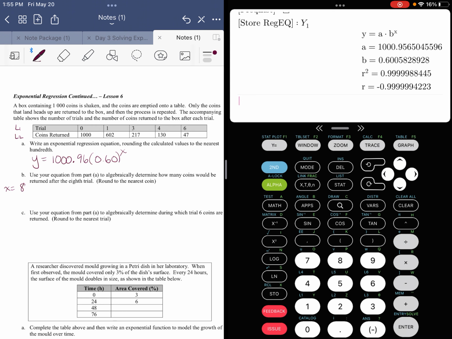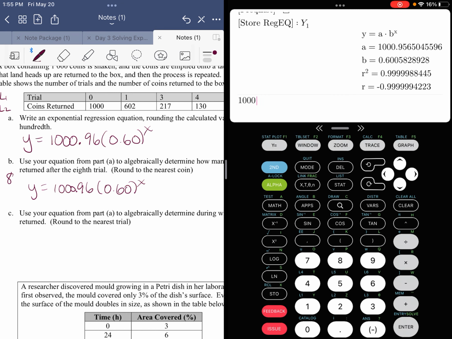So we're going to go y is equal to 1,000.96 multiplied by 0.60 to the x. And oh, I missed a 0 there. It should be 1,000.96. So on your calculators, you can go 1,000.96 multiplied by 0.60 to the exponent 8.